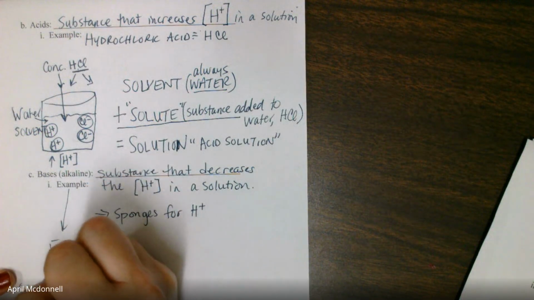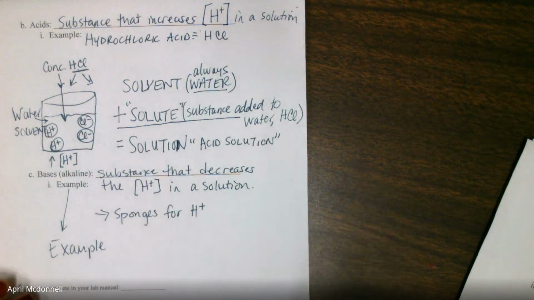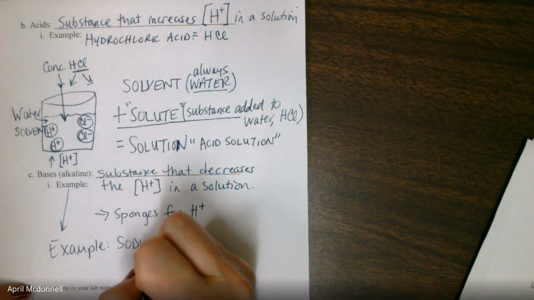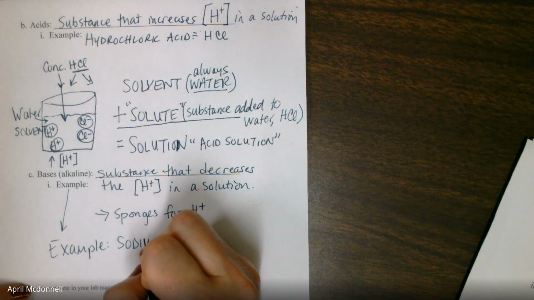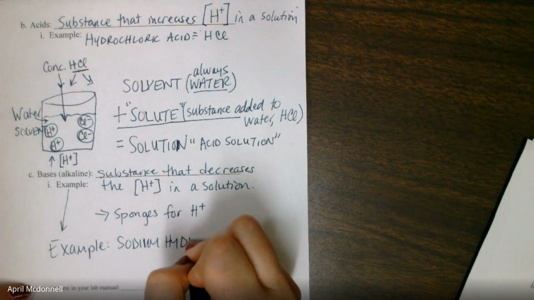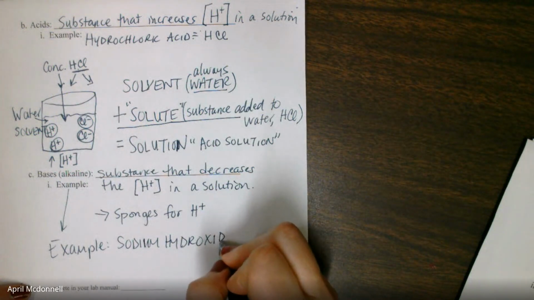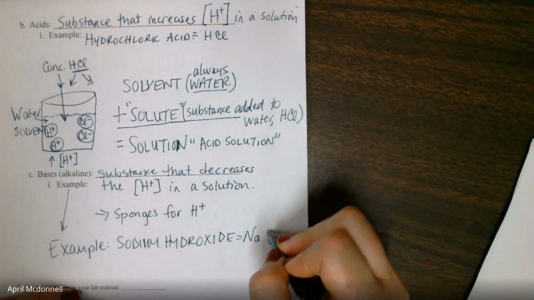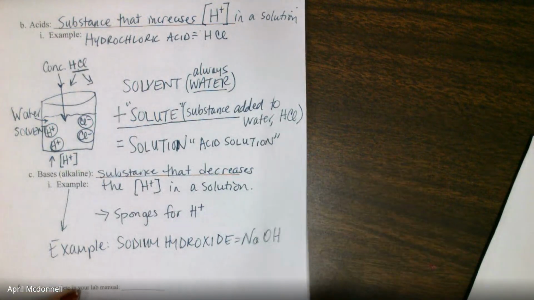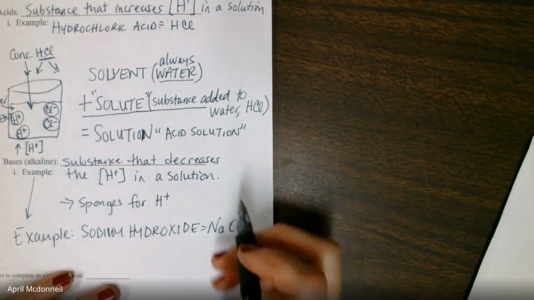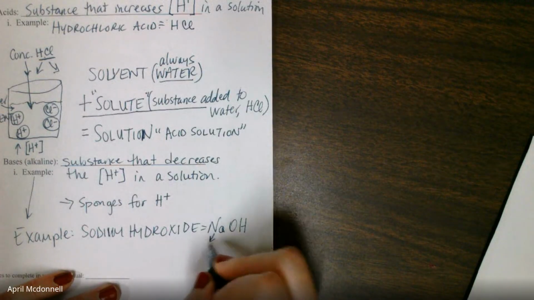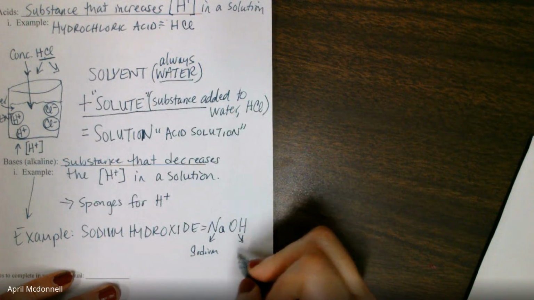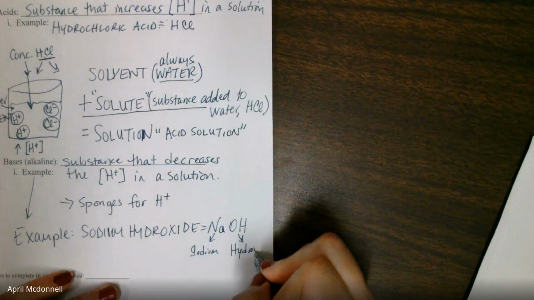The example that we want to give for that is a substance called sodium hydroxide, which is a very strong base, and it's abbreviated NaOH. The Na stands for sodium, and the OH stands for hydroxide.